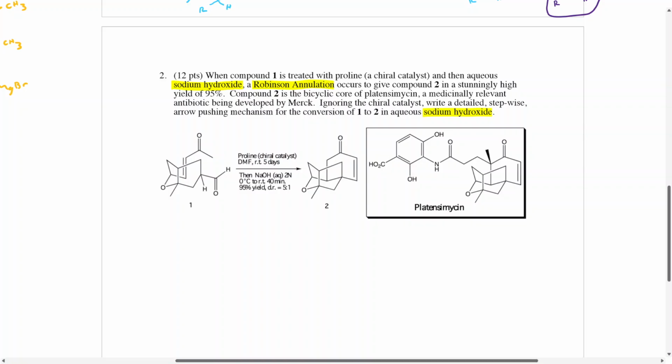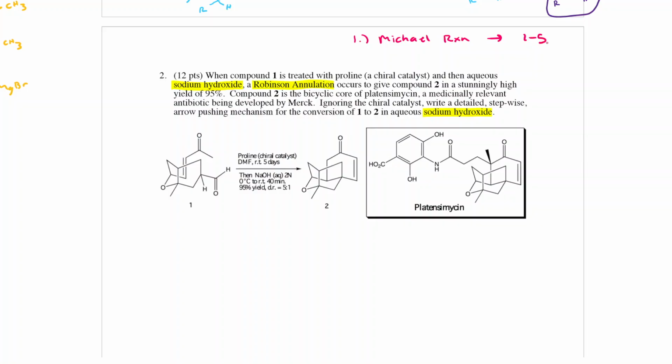With Robinson annulations, we have to remember that it is a two-part reaction, which is first a Michael reaction that makes a 1,5-dicarbonyl, which just means that 1, 2, 3, 4, there's a carbonyl at the first and fifth positions away from each other.